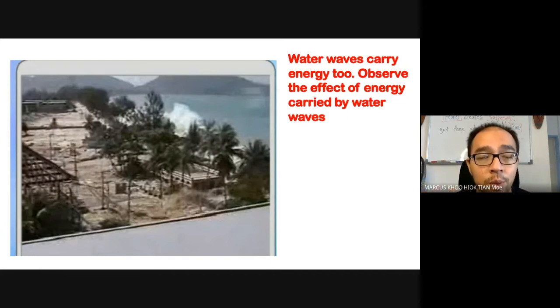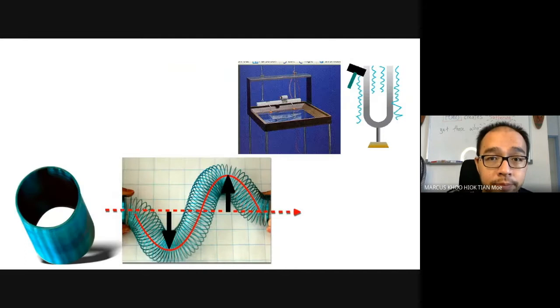We don't feel it so much when we go to the beach, unless the waves are very high, then you can actually be pushed by the waves. This shows that waves can carry energy and transfer the energy over to whatever they hit. So one of the most important characteristics is that water waves carry energy, and the tsunami shows us exactly that.